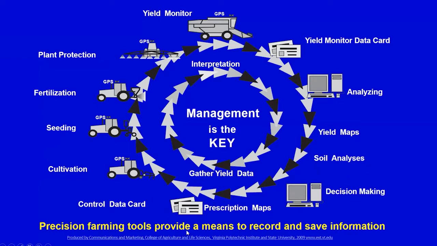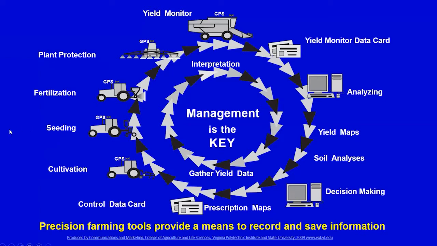Then, based on the soil data, as a first step, you will write a prescription map based on the soil data, the weather, and the crop. Later, when you see the crop after emergence and after you have a good stand, again you will collect lots of information related to crop health.